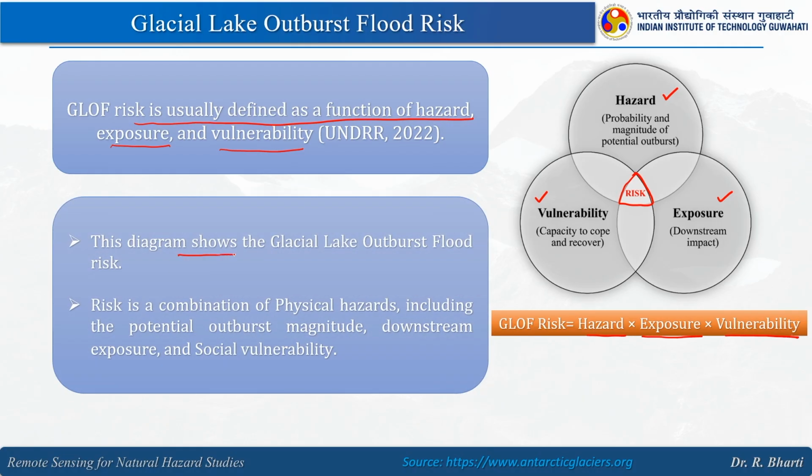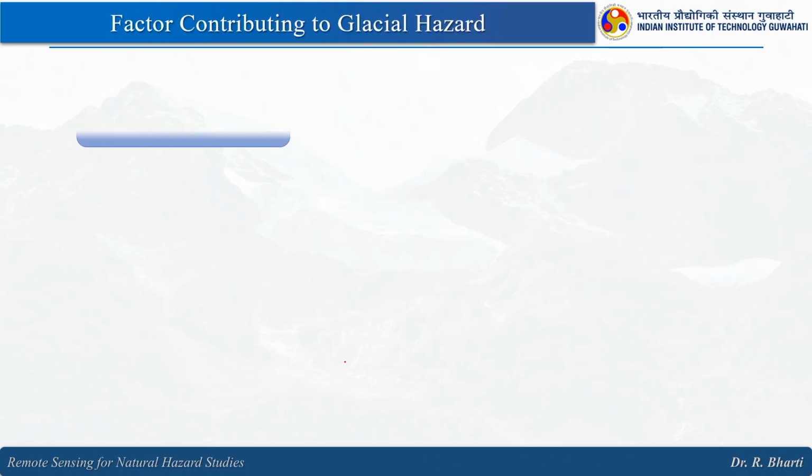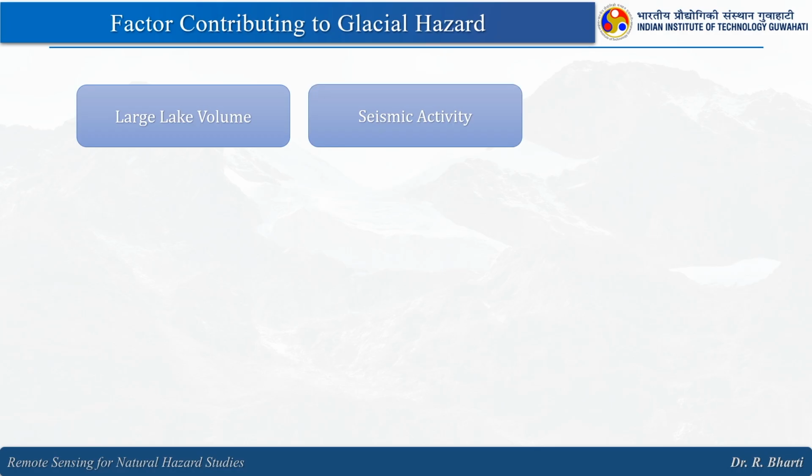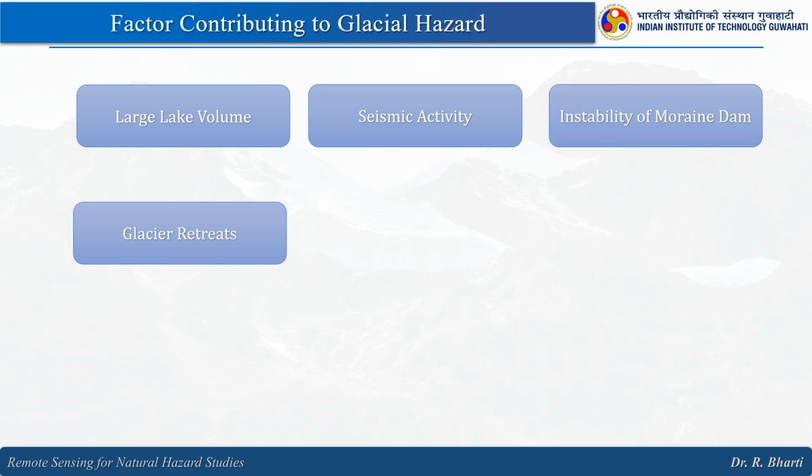So, this diagram shows the glacial lake outburst flood risk. Risk is a combination of physical hazard including the potential outburst magnitude, downstream exposure and social vulnerability. Here these are the different factors contributing to the glacial lake hazard.